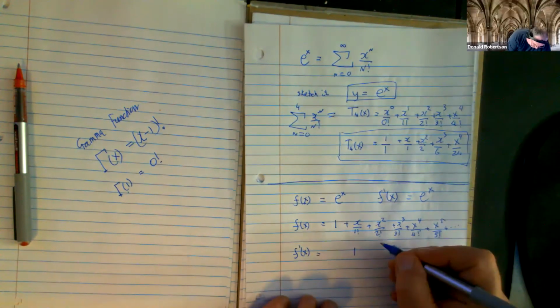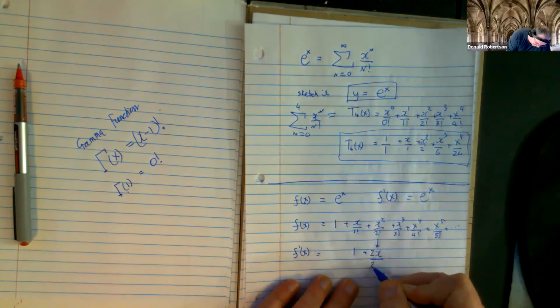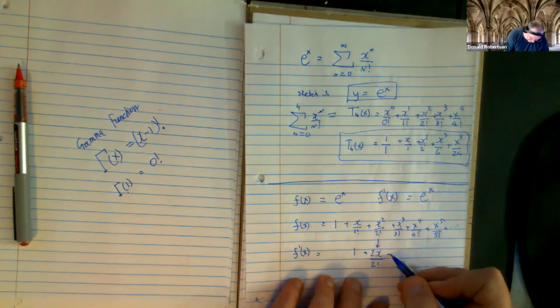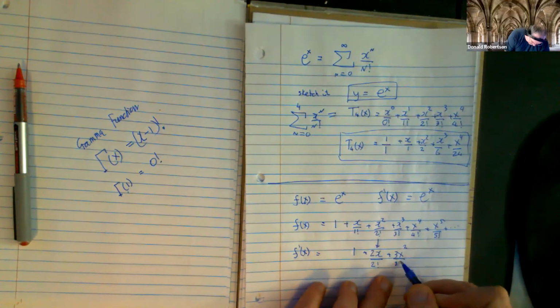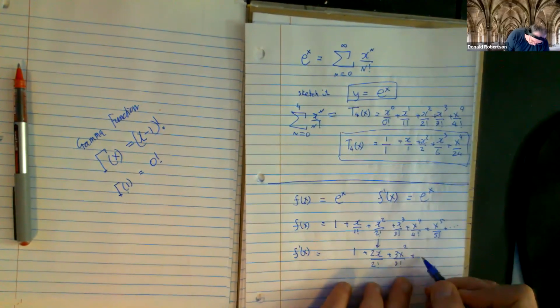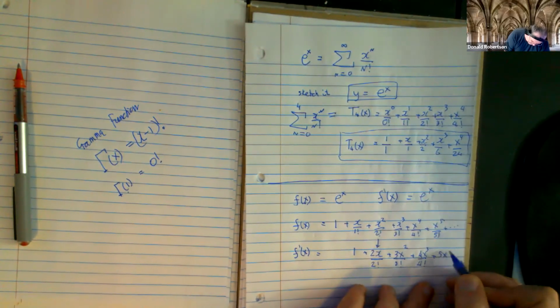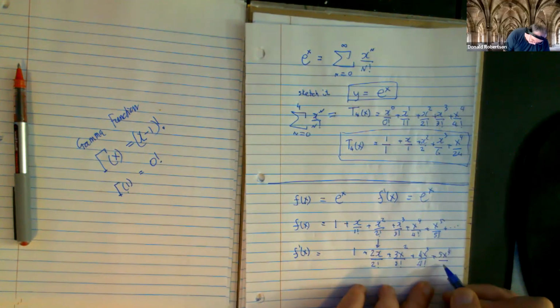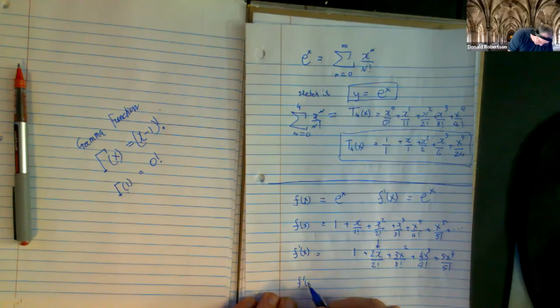If you differentiated this term, the answer would be 2x over 2 factorial. If you differentiated this one, it would be 3x squared over 3 factorial. The next one would be 4x cubed over 4 factorial, and the next one would be 5x to the 4 over 5 factorial. I can simplify that a little bit.